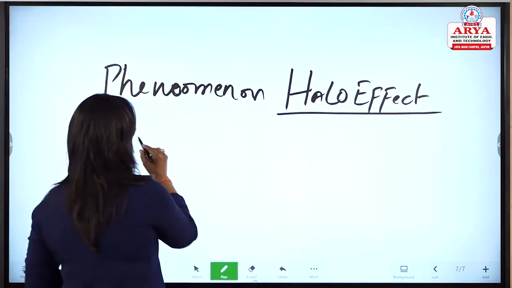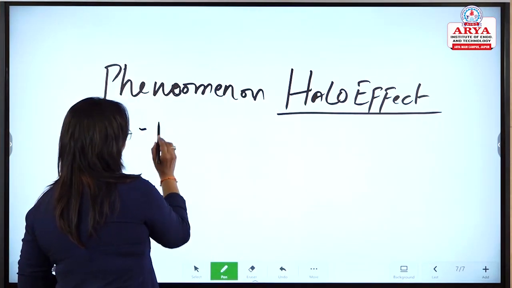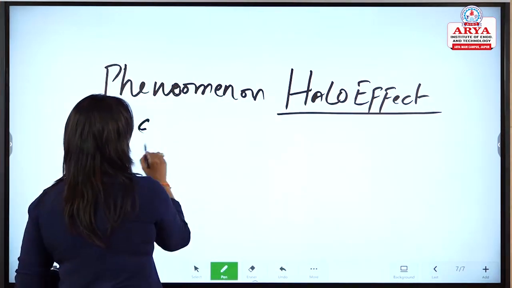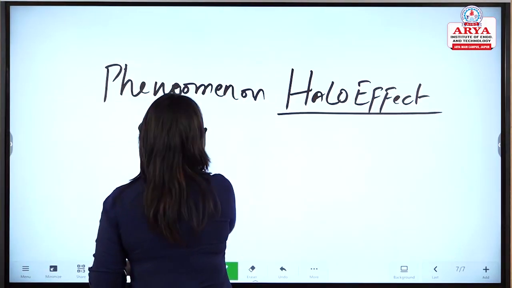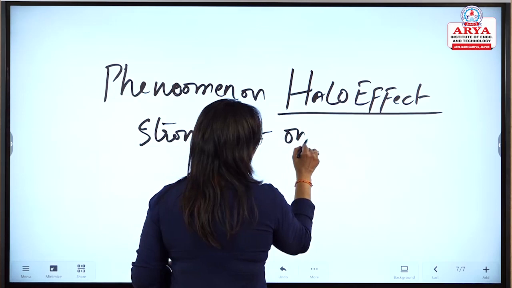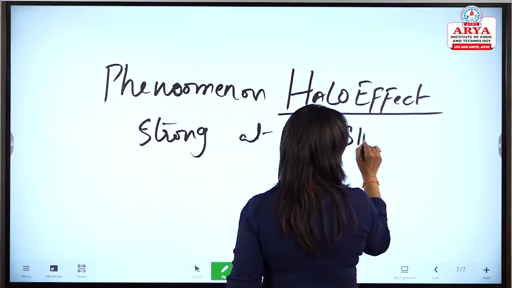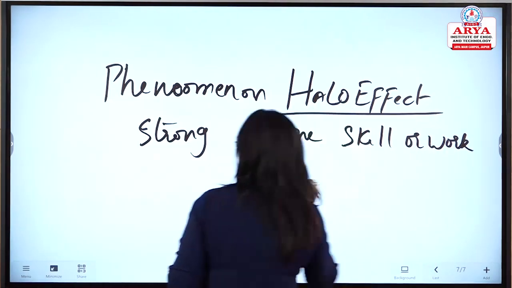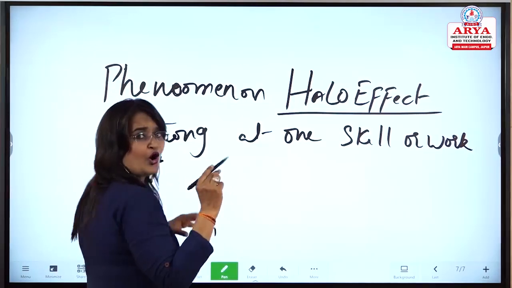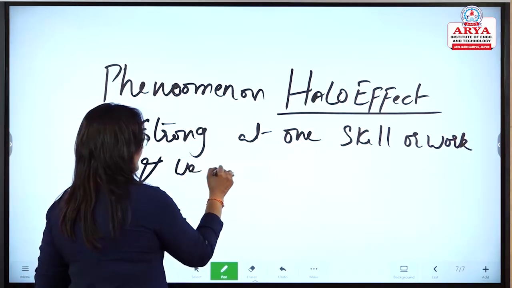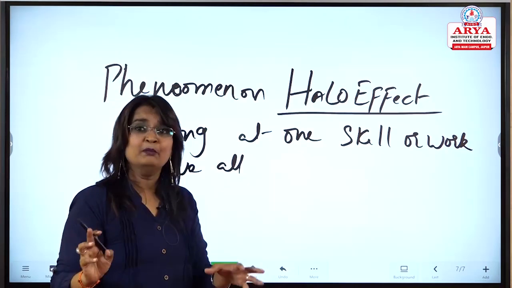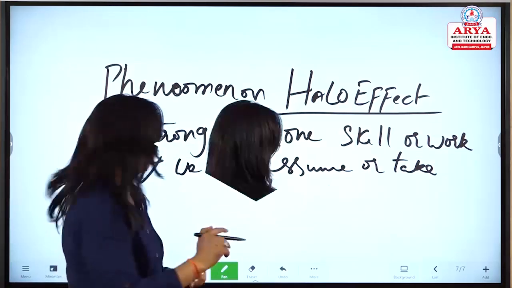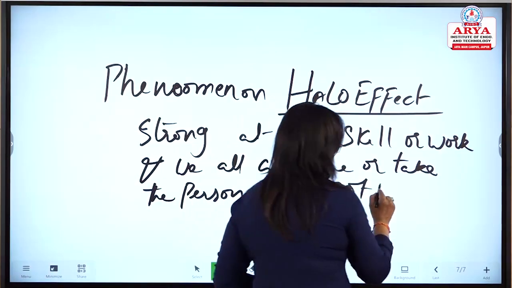A person is good in one work, his strength is strong at one scale of work, and we all assume the person is good at all, I would say, good at everything.